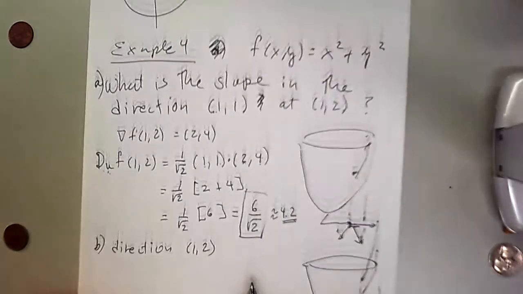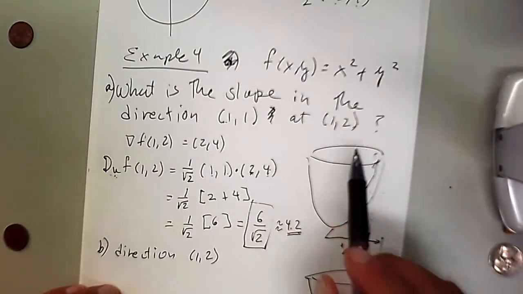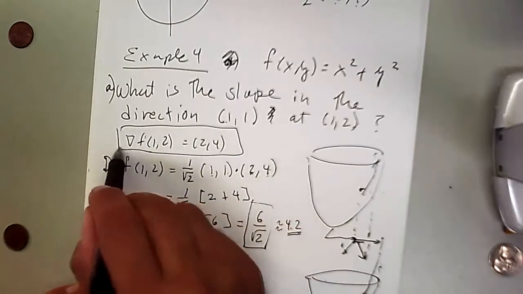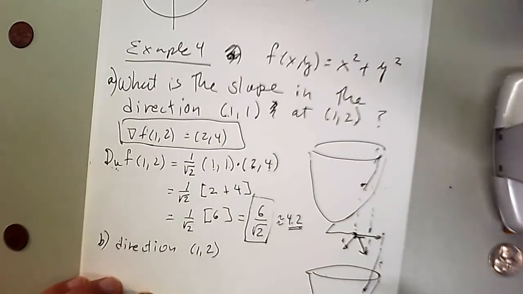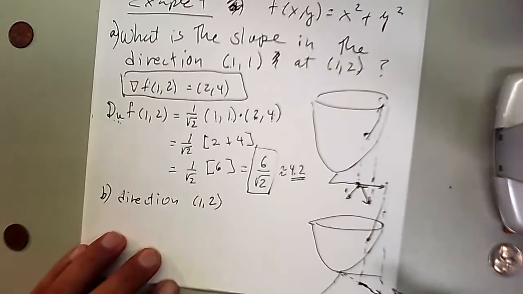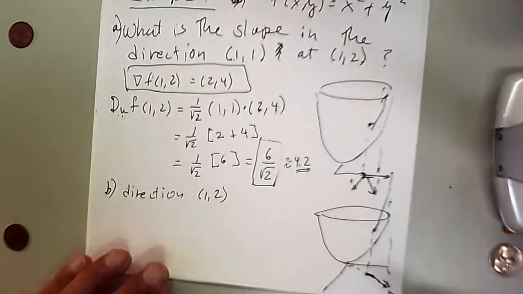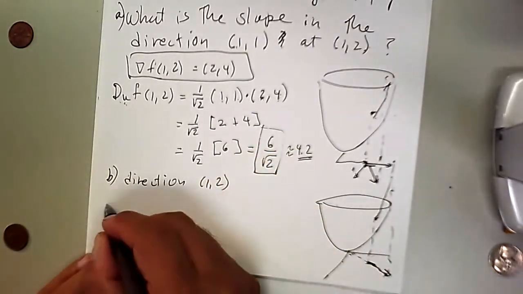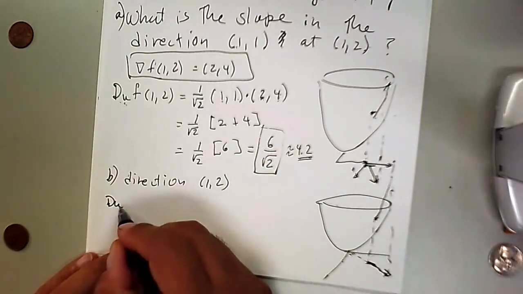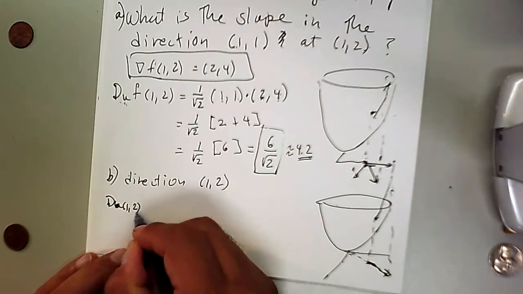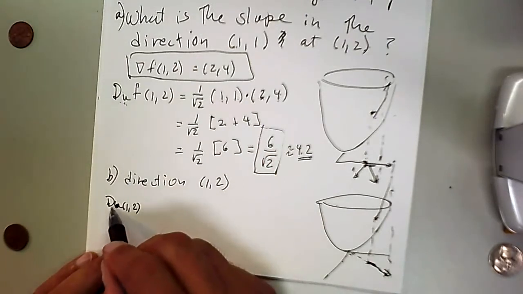Okay, so same thing as before. We already know the gradient. Once you know the gradient, if you're changing directions, all you have to do is multiply by the unit vector in that direction. So let me write this, 1, 2.